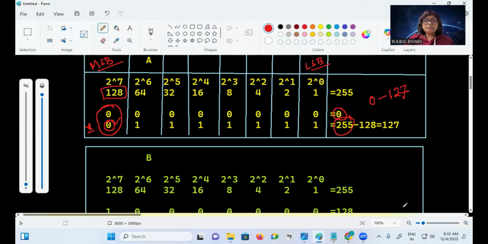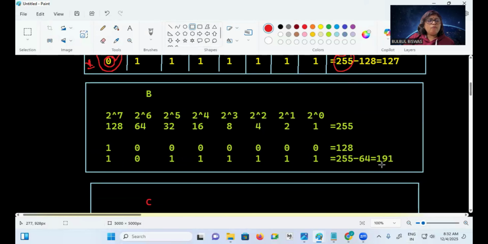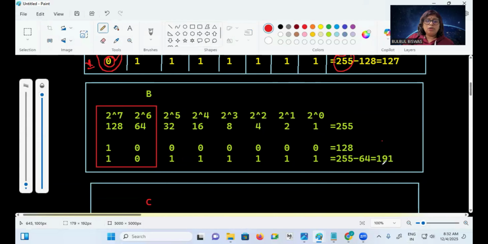Come to class B. You can see the same way in case of class B. What has IANA said? IANA has said that the first two bits are reserved as 1, 0.